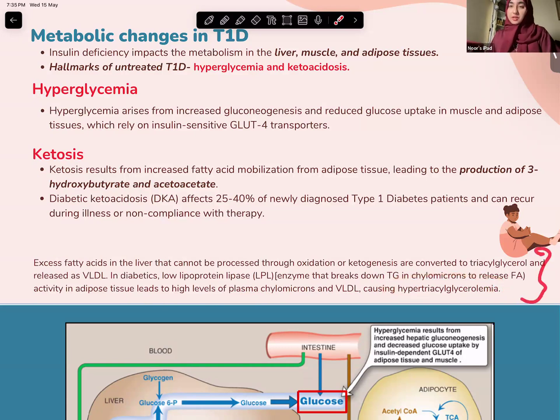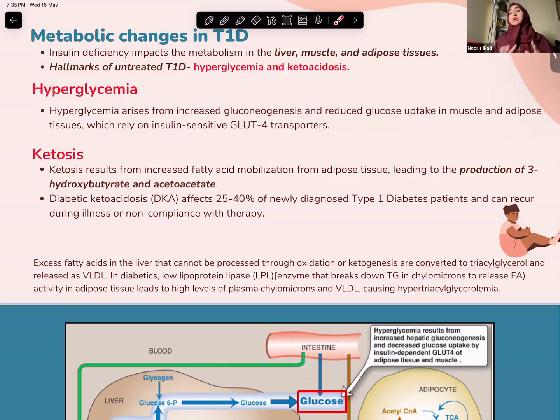I know it was kind of heavy, but let me explain. Now, I mentioned excess fatty acids, right? When there are too many fatty acids that enter the liver, the liver cannot dispose of all of them, right? It breaks them down for energy or ketogenesis, but the liver cannot get rid of all of them. So they are converted to triacylglycerol.